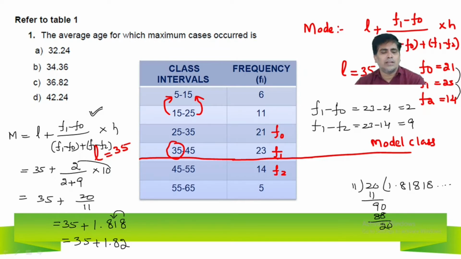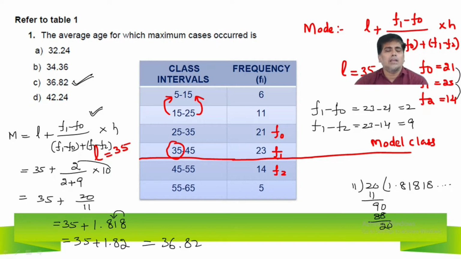Already 1 is there, it becomes 2. So 35 plus 1.82, the total value is 36.82. So look at where 36.82 is. We have it at option C. So option C is the right option.